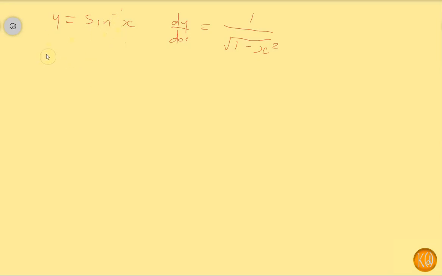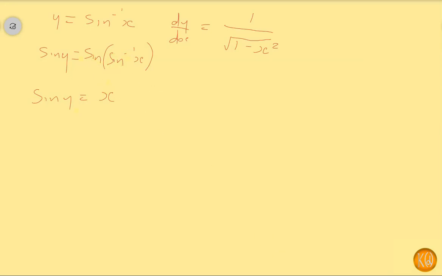So if we say sine y equal to, basically we would be saying sine of the sine inverse of x, right? And that would be sine y is equal to x, because the sine would undo the sine inverse, right?